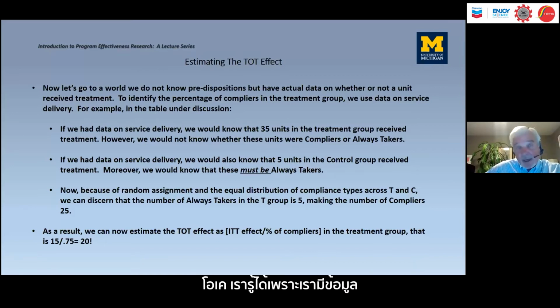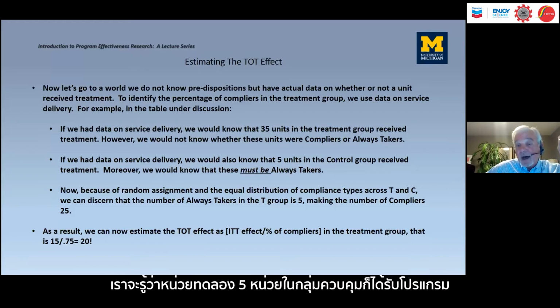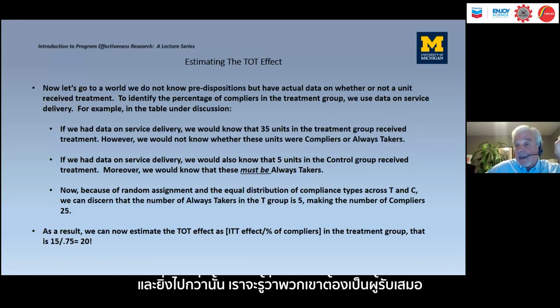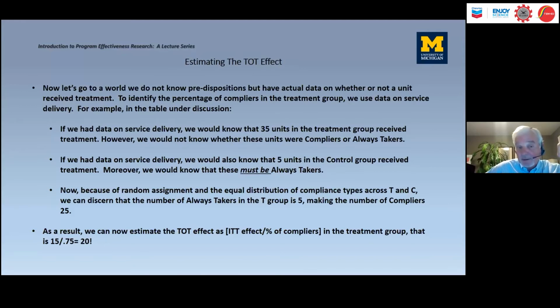We wouldn't know whether those units were compliers or always takers. If, however, we also had data on service delivery in the control group, we would know that 5 units in the control group received treatment, and moreover, that they have to be always takers.